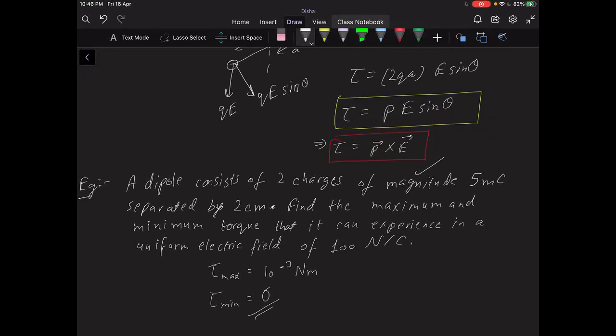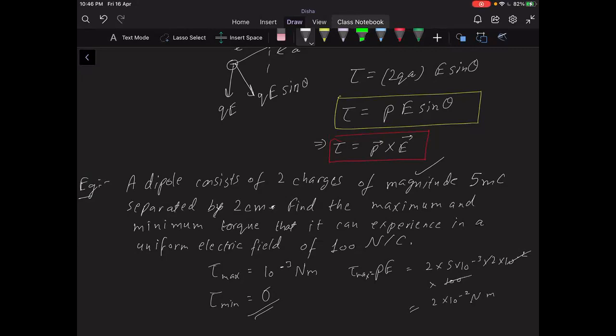And maximum torque, let's see how you went about it. P into E will be maximum torque. P is 2 into 5 into 10 to the power minus 3 into 2 into 10 to the power minus 2, into E is 100. So the answer would be 2 into 10 to the power minus 2 Newton per meter.